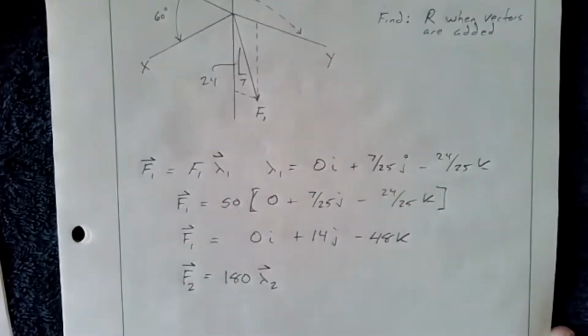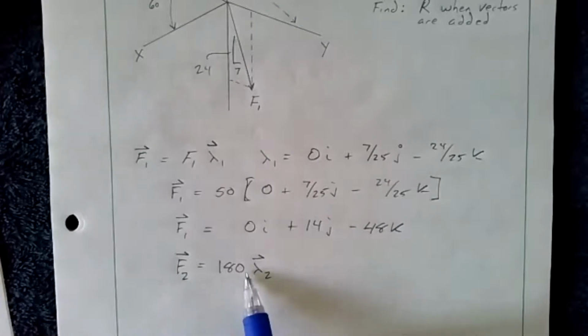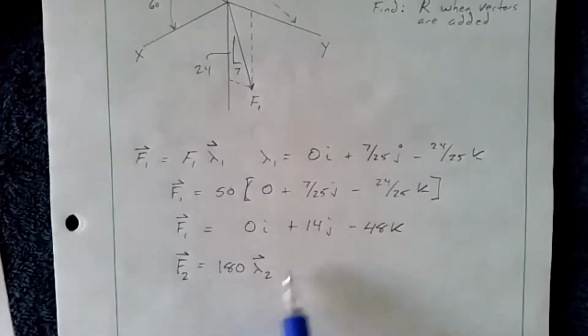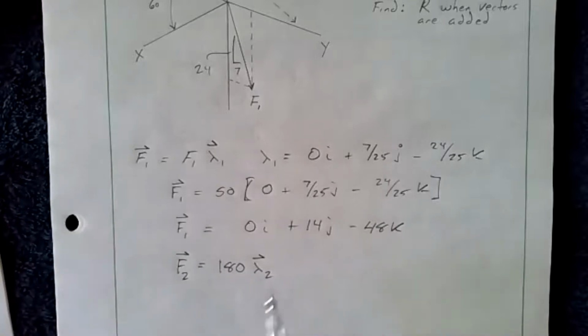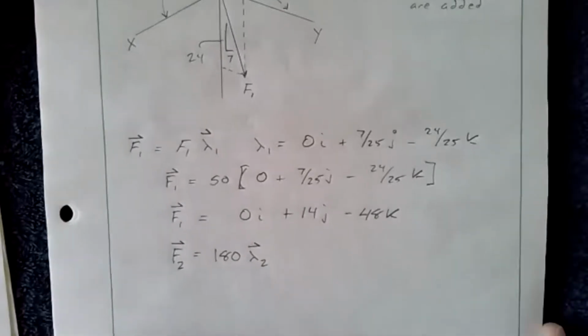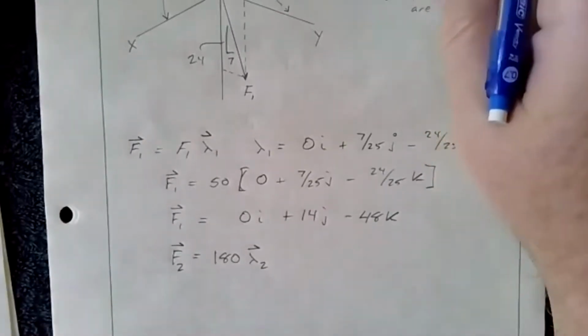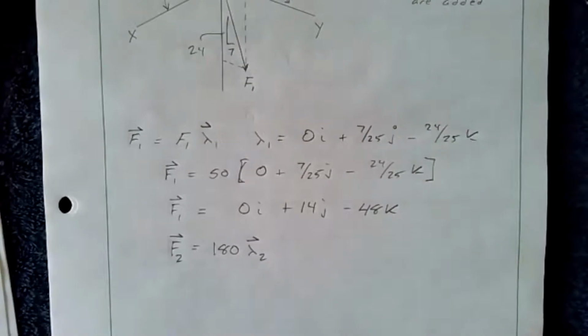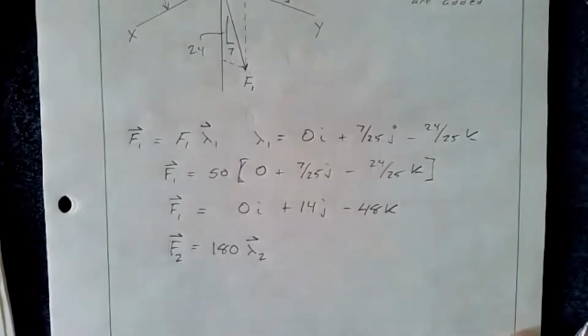So we have F2 equal to 180 times lambda 2, and it's pounds. I'm not too much of a stickler about putting units within the problem. Some professors are, but as long as you have them at the end, that's the main thing. In these earlier simple problems there aren't very many units, so you'll have to develop your own style as you go. Some may say it's heresy.